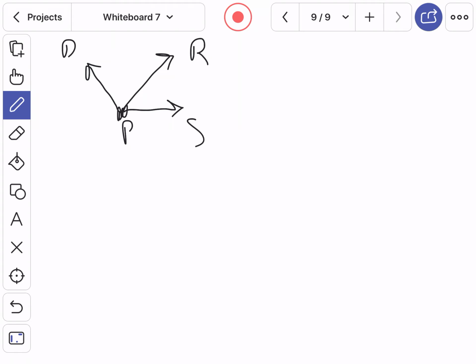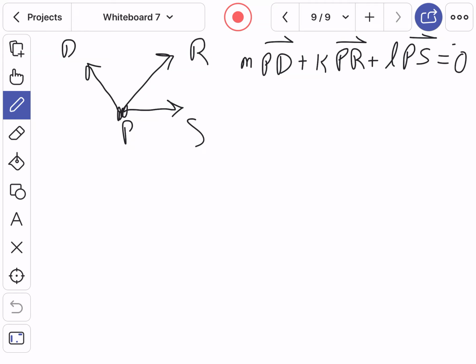So I propose that some scalar M times vector PD plus some scalar K times vector PR plus, I like to use rho here, but maybe I'll use L, a scalar times PS, equals the 0 vector.